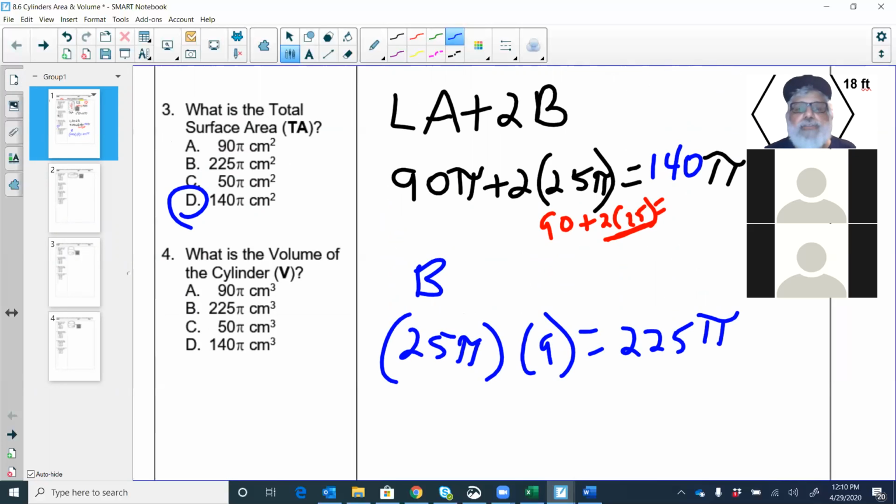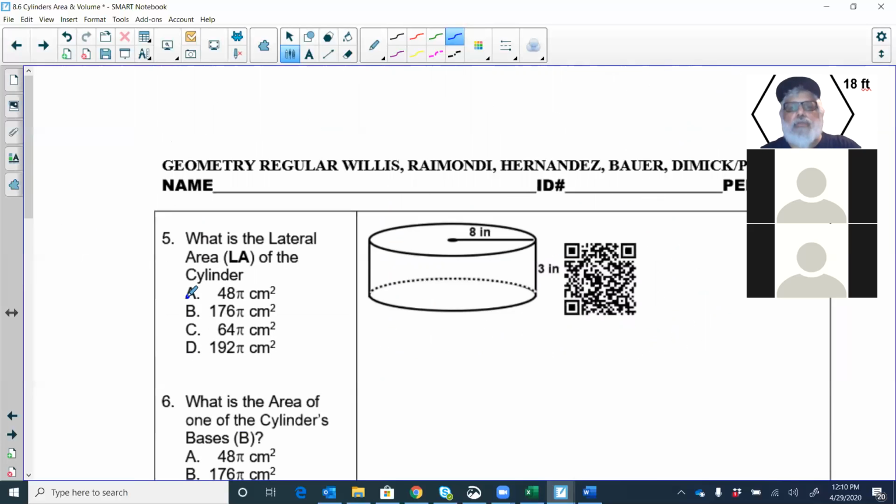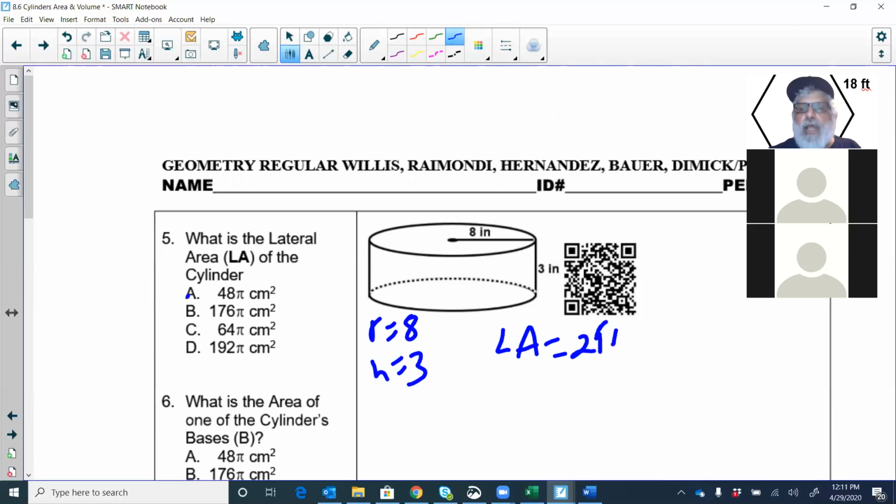Now, the second part is going to be just like this. So when I go to the next page, my r is 8. My height is 3. My lateral area is perimeter times the height, which in this case is 2 pi r times the height.